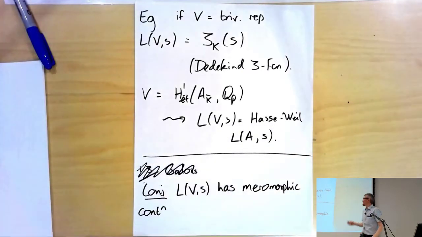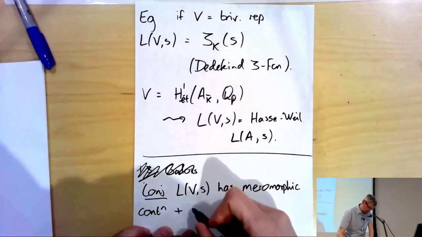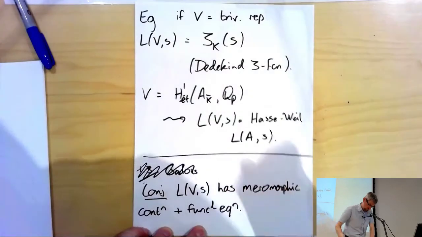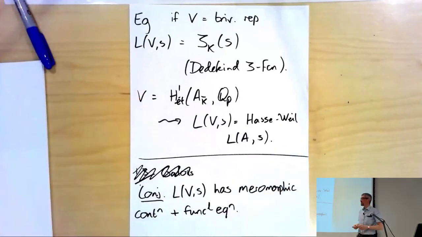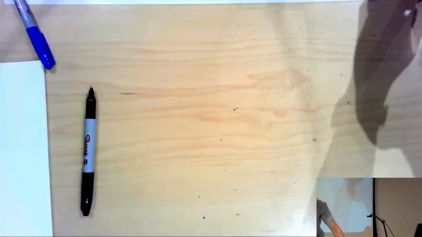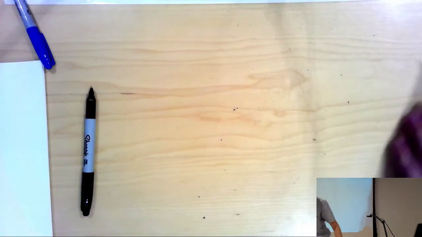This thing is, for V coming from geometry, you can show it's convergent in some right half-plane, but it's conjectured that it has meromorphic continuation and a functional equation. So we can talk about its special values. We have some meaningful thing to evaluate, even outside the domain of convergence. So this conjecture is expected to be extremely hard.